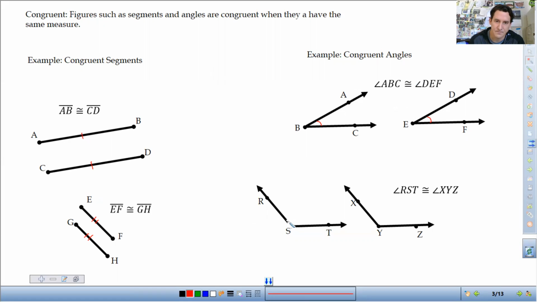If you have more than one set of congruent figures in a diagram, you would mark them with more arcs. So mark it with two arcs to show that these two are congruent to each other, but not congruent to the two up here. All right, so again, congruent means the same. Congruent means equal.